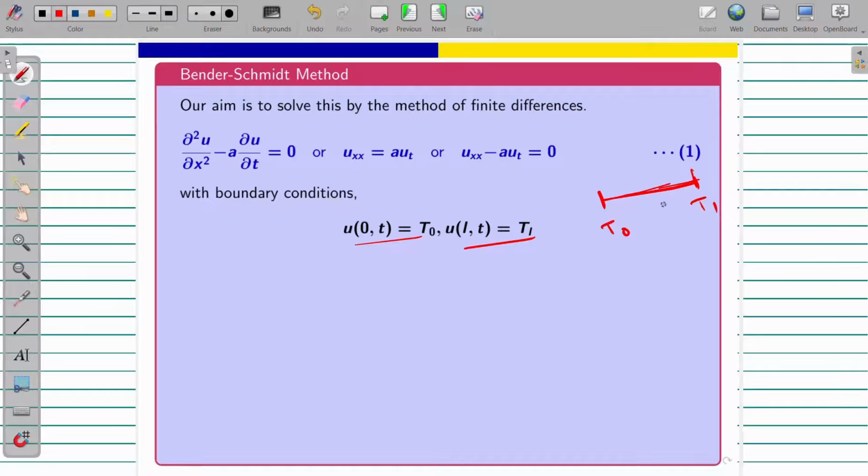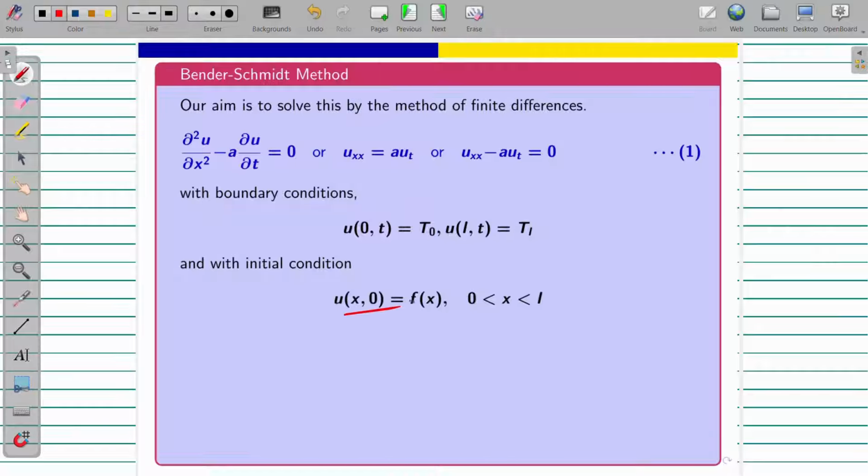Suddenly both ends decrease to 0, or one end increases or decreases, and you discussed it in the previous semester. There we solved everything analytically. Now we are going to solve numerically. That is the major difference here. Right. This is the boundary condition and the initial condition will be u of x comma 0 equal to f of x. So using this, we are going to discuss how to solve it.